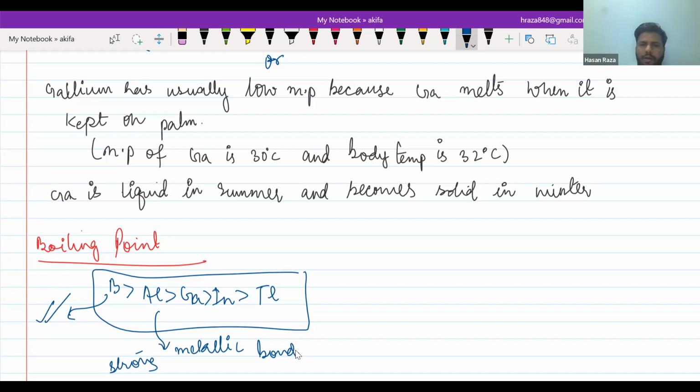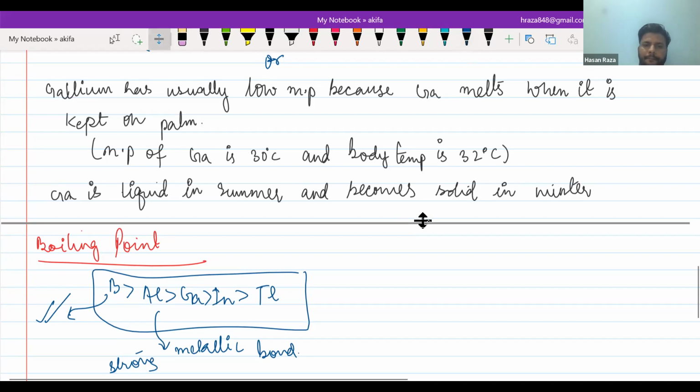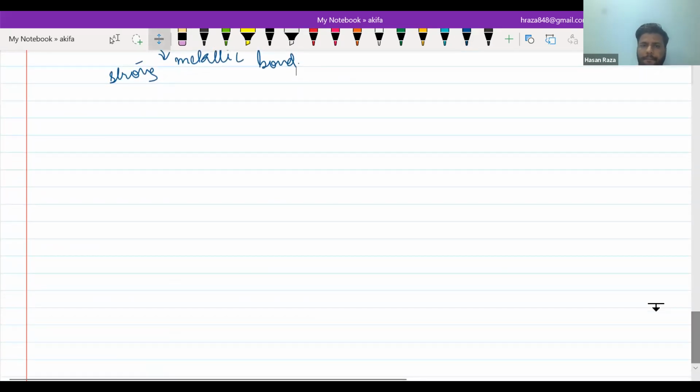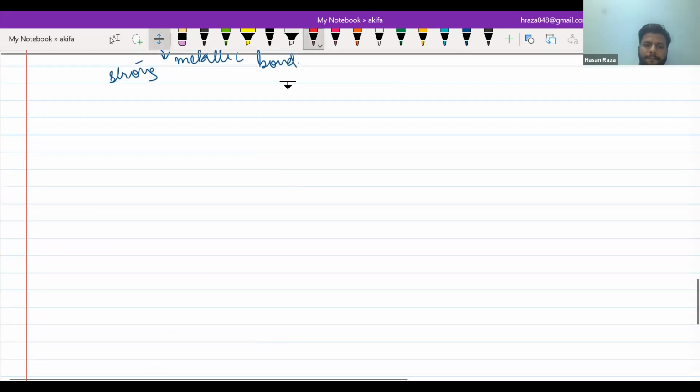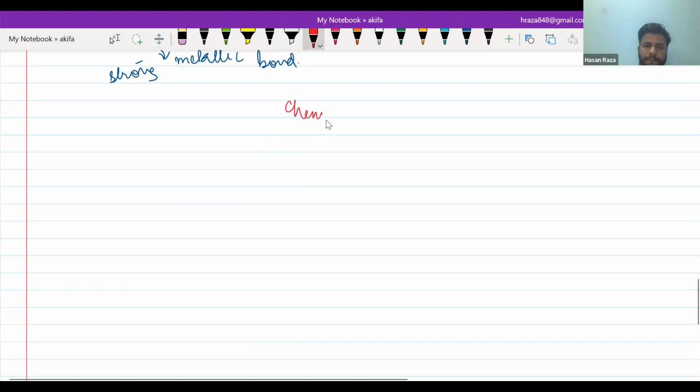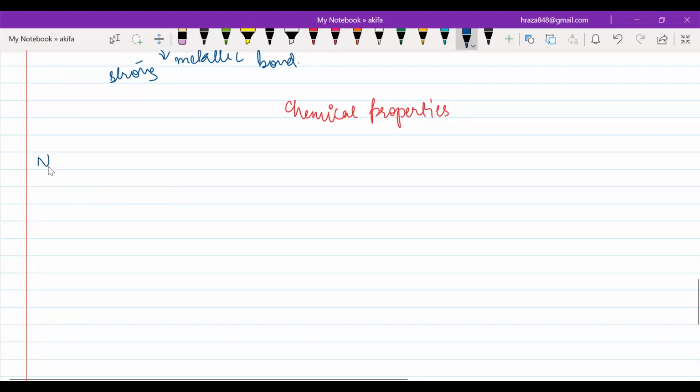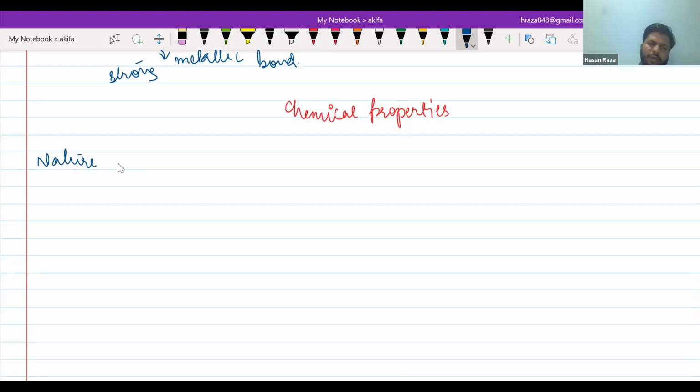Now write a topic, chemical properties. We will talk about the nature of the compound.